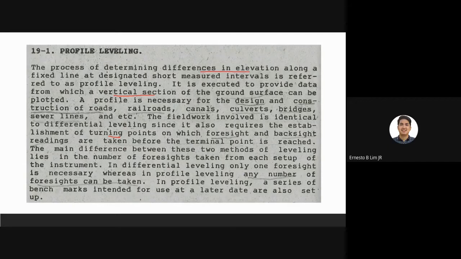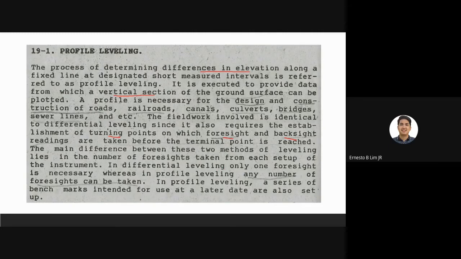Okay, so still in profile leveling, we also have this foresight and backsight that I discussed last time. The main difference between these two methods of leveling lies in the number of foresights taken from each setup of the instrument.